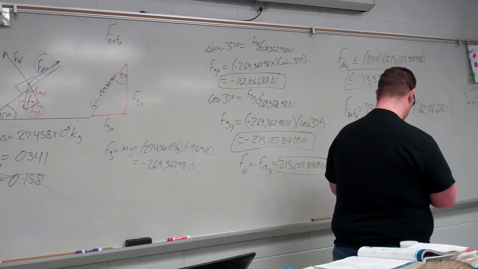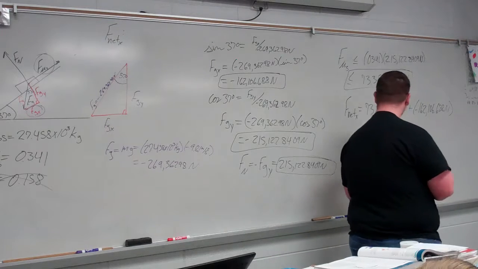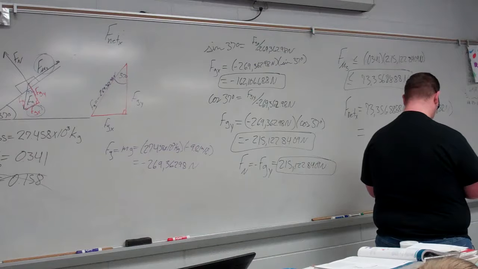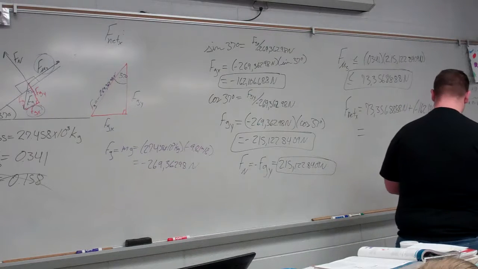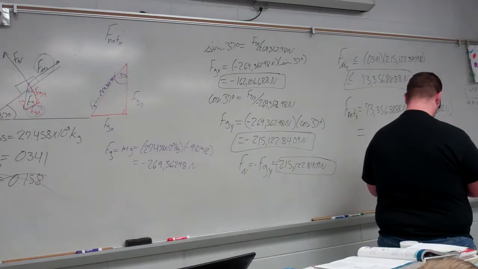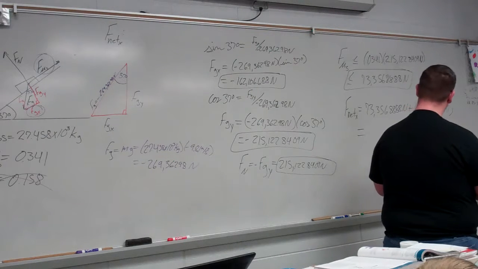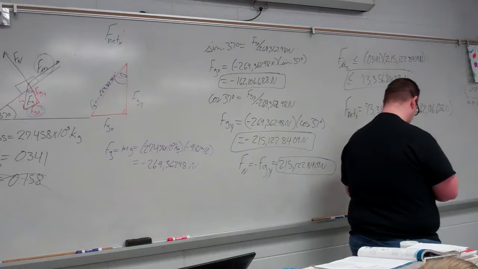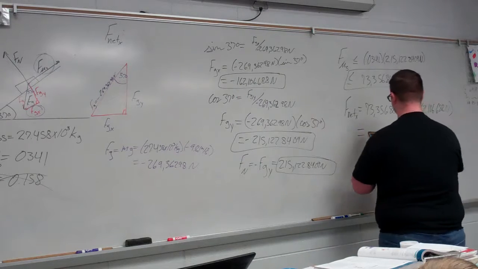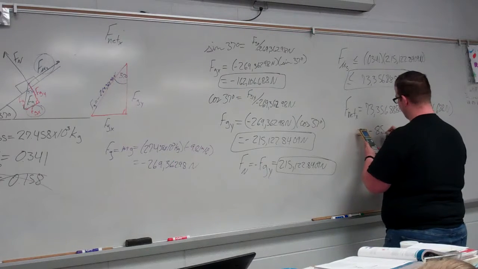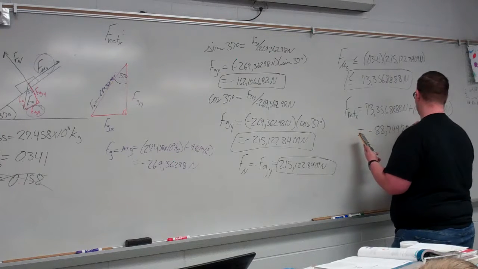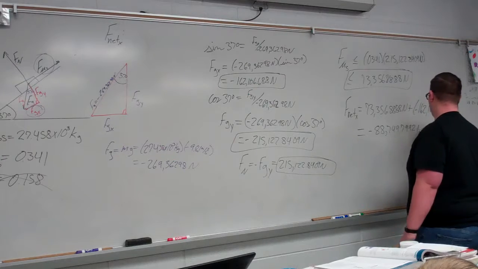So we're going to do 73,356.8888 minus 162,106.688, which will be equal to negative 88,749.7992 newtons.